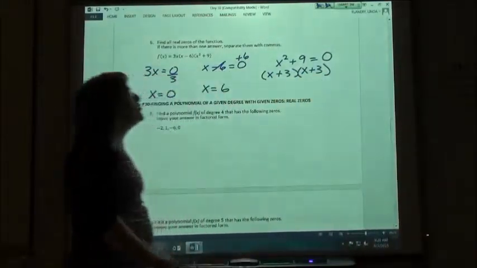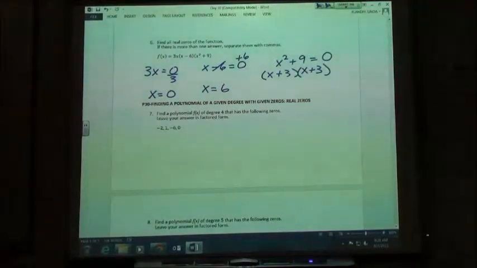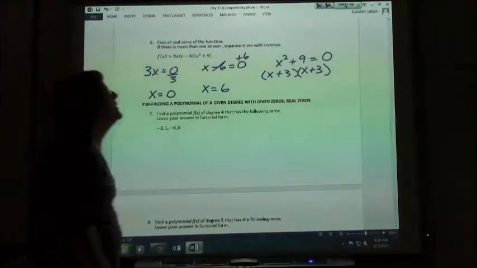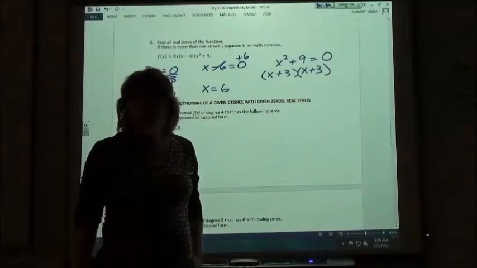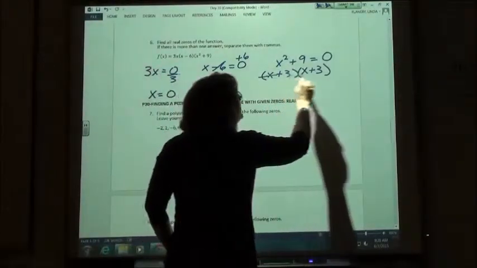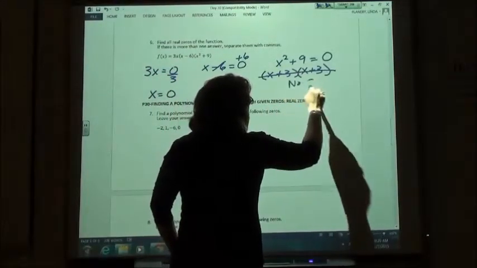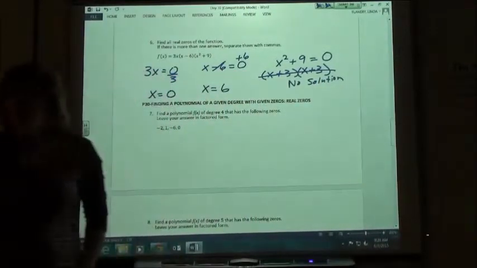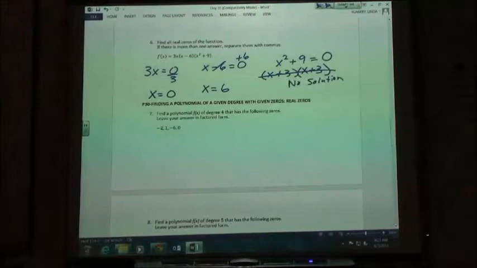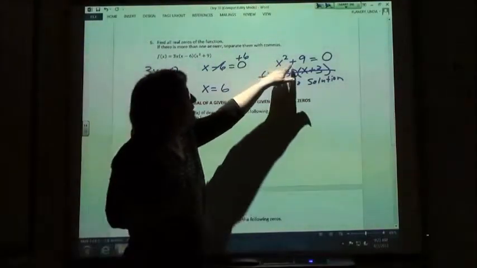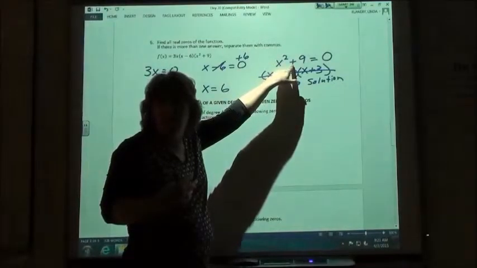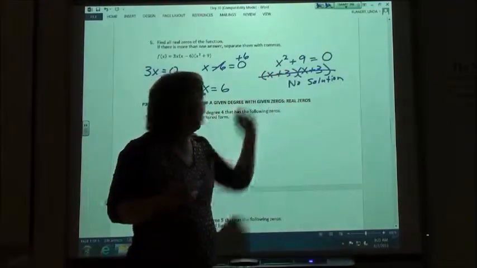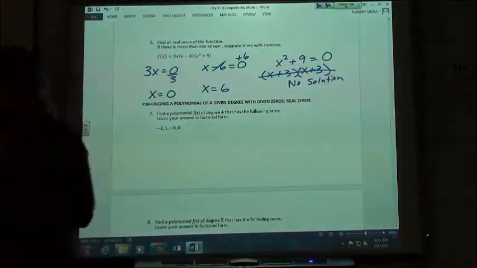But if I do a plus 3 and a plus 3, what would I get in the middle? Plus 3 and plus 3 is going to give you a 6. This isn't going to work, because in order to get a 0, I'd have to have a plus and a minus. No solution. So, if this is a minus sign, I can factor it. But if it's a plus sign, I can't, because I'm going to add two numbers together and I'm not going to get 0 that way.